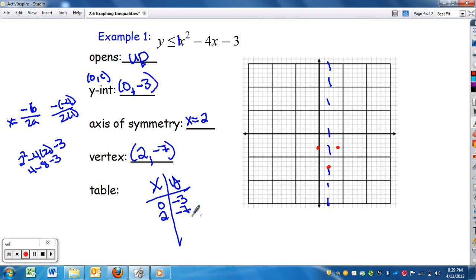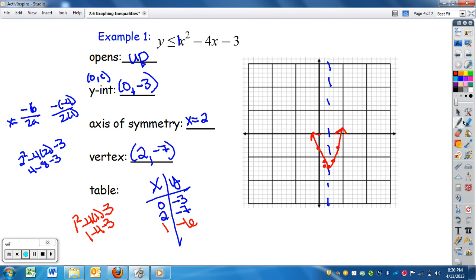Looks like we don't have x equals 1, so I'm going to plug in 1. So that's 1 squared minus 4 times 1 minus 3. It's 1 minus 4 minus 3. Negative 3 minus 3 is negative 6. And there's my parabola.